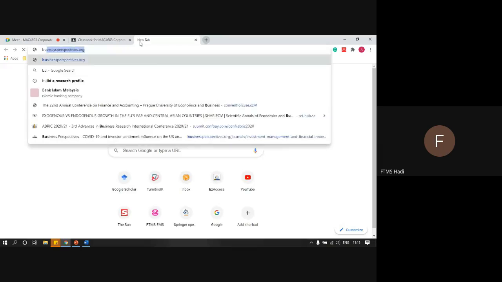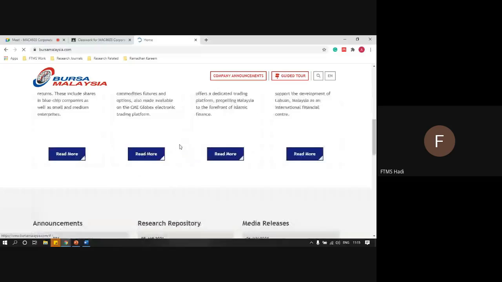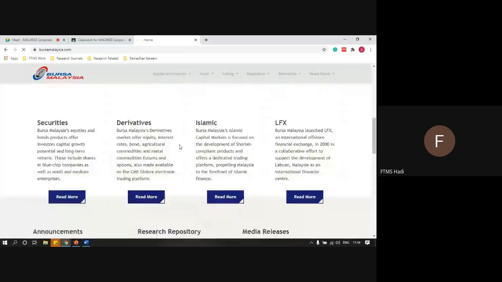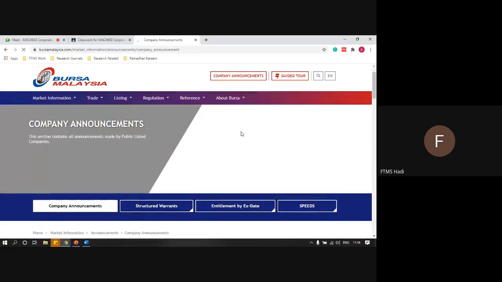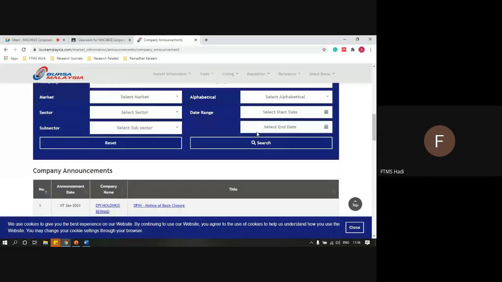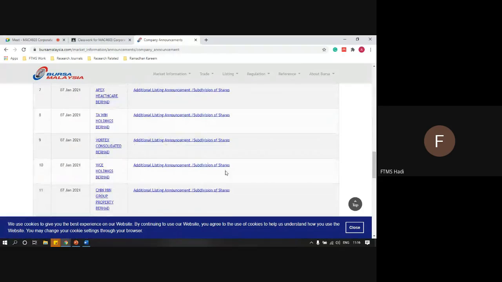So let's say Bursa Malaysia. Company announcement, yeah. Something like this one: additional listing and then subdivision of shares.